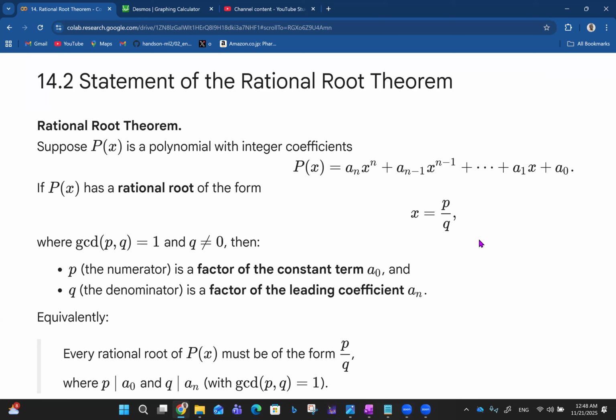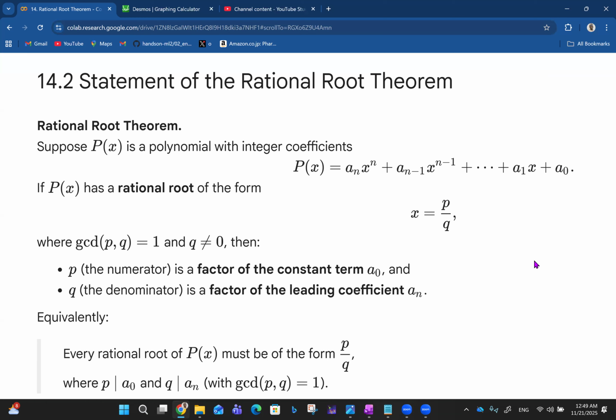Then this p, the numerator, is a factor of the constant term, a naught. And q, the denominator, is a factor of the leading coefficient, an. So in essence, for x equals p over q, we are saying that p is a factor of a naught, and q is a factor of an.